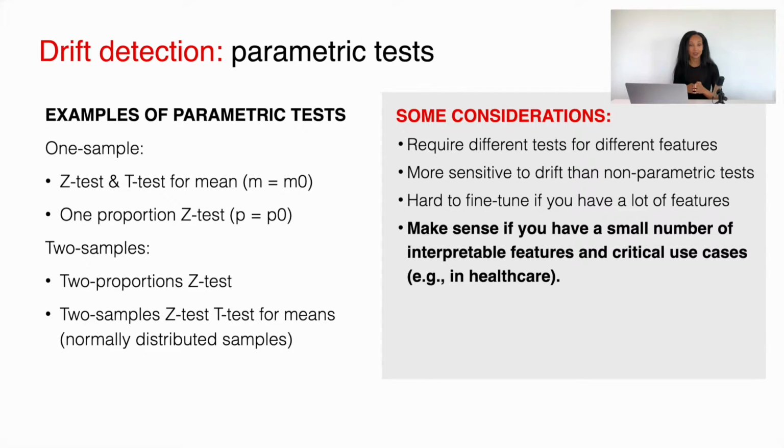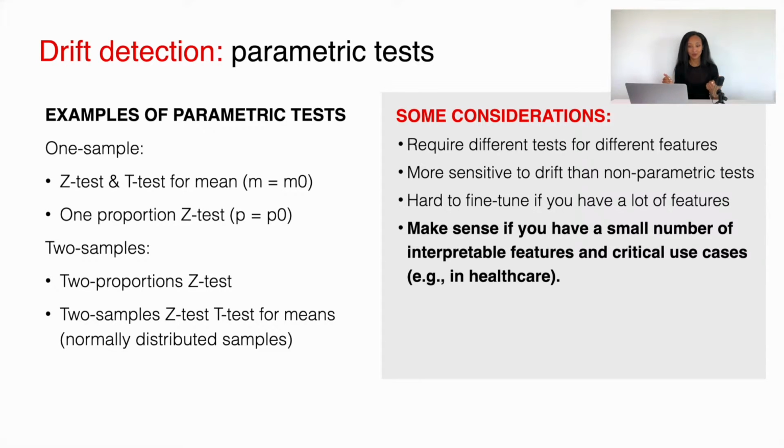And the good news is that even if you have only one dataset, like the current batch of data, and for some reason you have no access to your reference dataset, you can still use statistical tests to detect drift. For example, in this case, you can use one sample t-test for mean, or one proportion z-test for proportion, right?